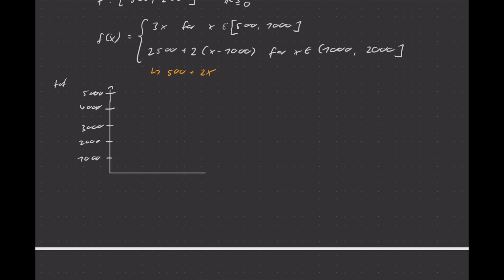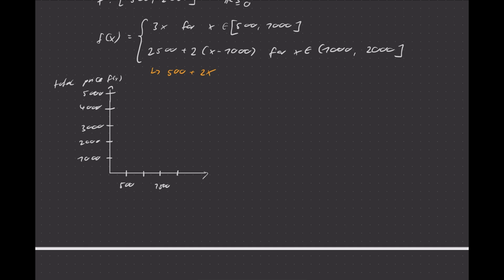So this axis here displays the total price, f of x. And here we have the order quantity. Let's say here's 500, here's 1,000, here's 1,500, 2,000, and so on.